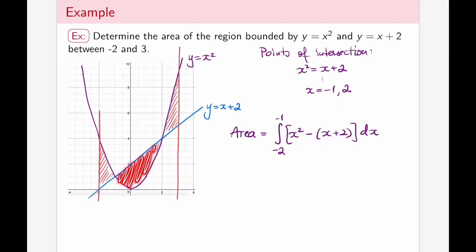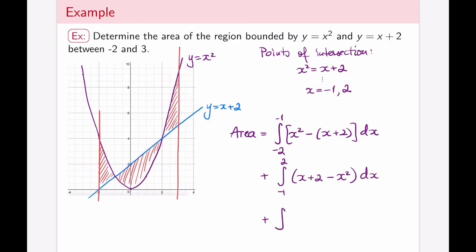Then I need to calculate this piece. This will be the integral between -1 and 2. Those are my 2 points. The top graph here is going to be x plus 2. The bottom graph here is going to be x squared. So in this case, I have x plus 2 minus x squared dx.